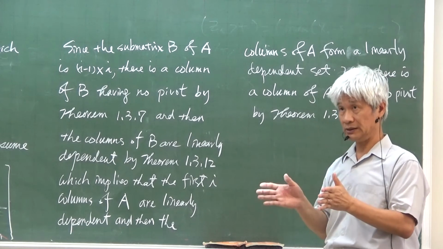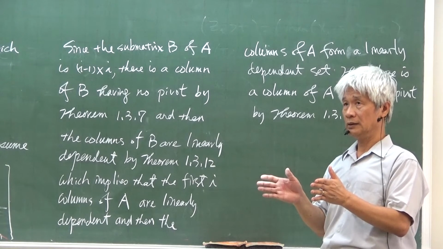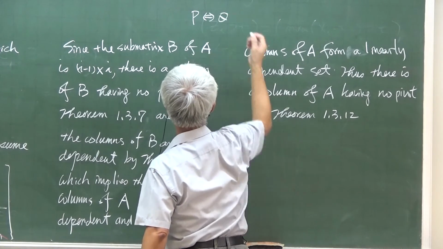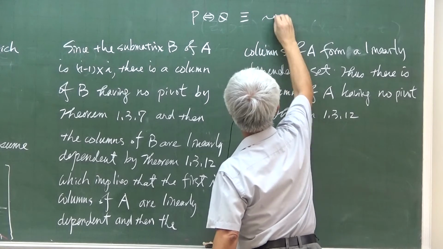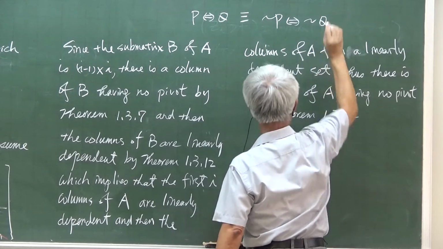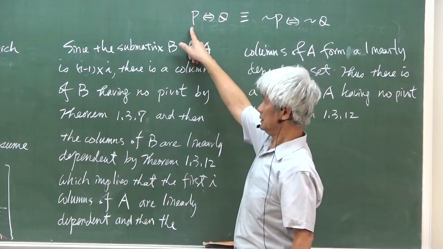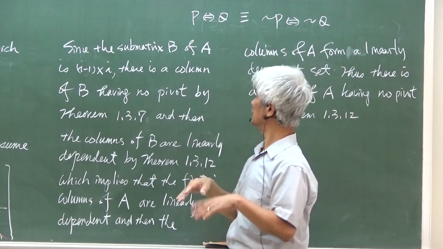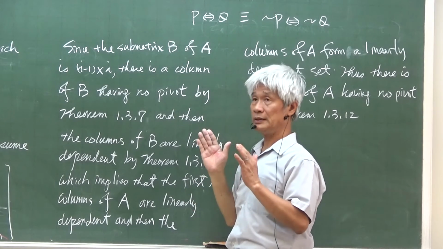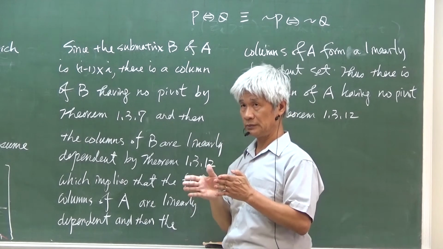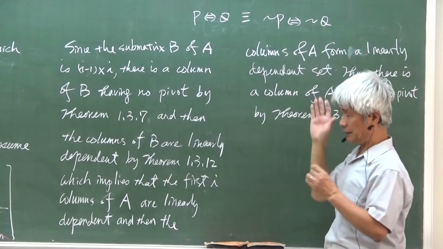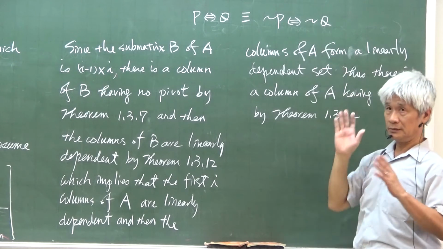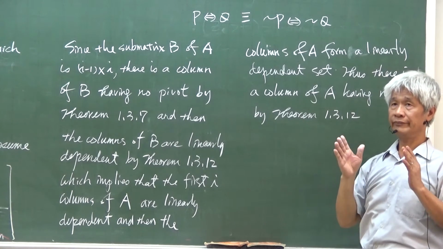That is an if-only condition. So we say that P implies Q, and this is equivalent to: if the columns of a matrix are linearly dependent, then at least one of the columns has no pivot.